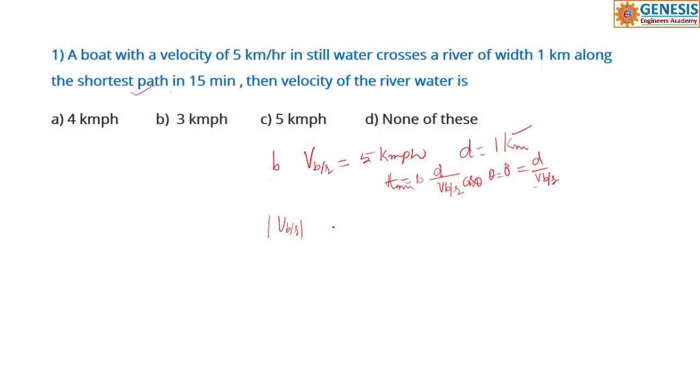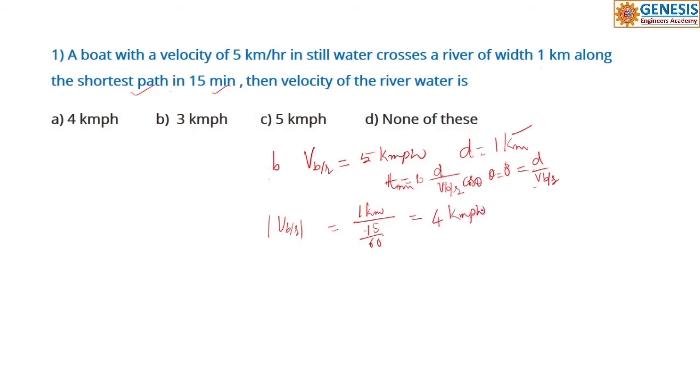D is 1 kilometer, by time T, that is 15 by 60. Because he has given it in minutes, I have converted into hours. So this becomes 4 kilometers per hour.